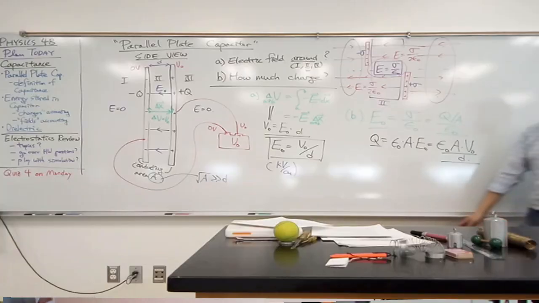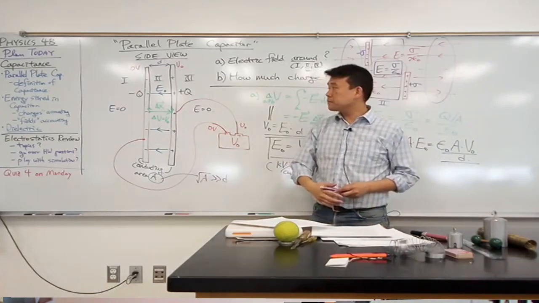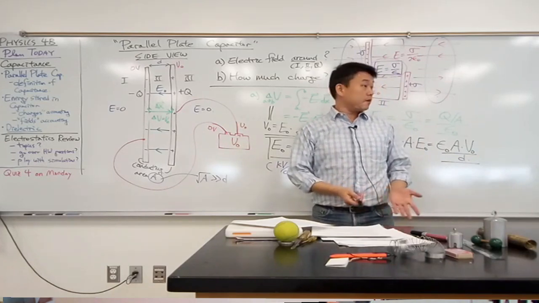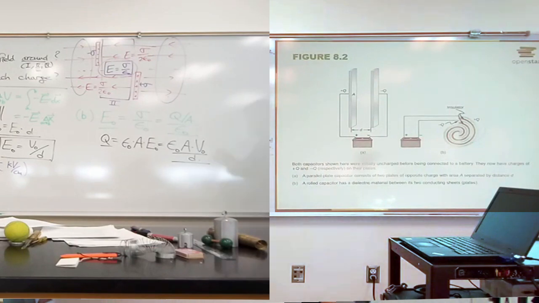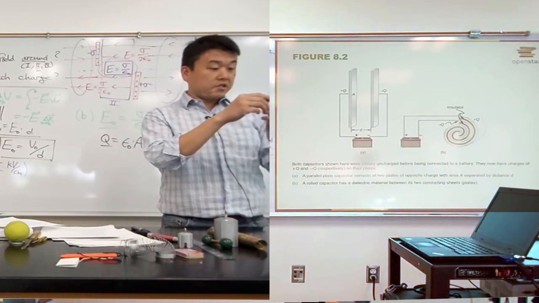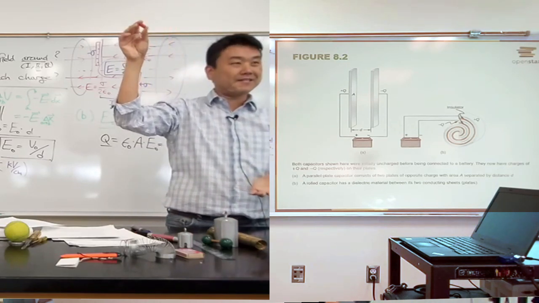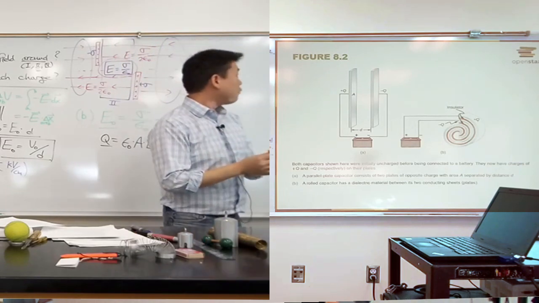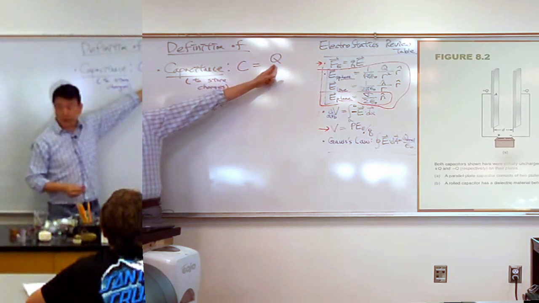Because when you look at the setup of this parallel plate capacitor, what I'm calling capacitance, I want it to be a property of the setup. So when you have a capacitor, the capacitance is the property of this device. I want to say this has a capacitance of 0.05 microfarad. I want to say this has a particular capacitance. So one of the ways to describe the capacitance will be how much charge is there.